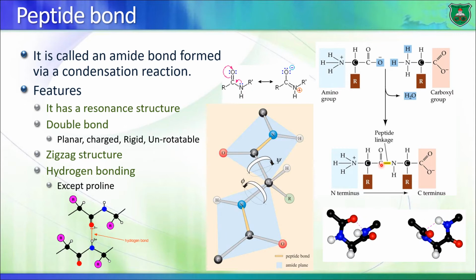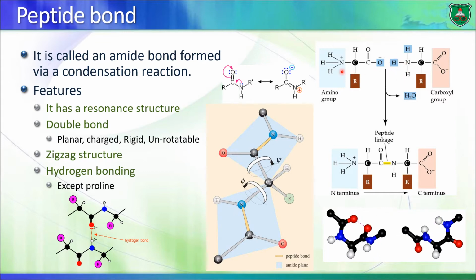Now in biochemistry, when we are talking about protein structure, polypeptides or peptides, it's referred to as a peptide bond or peptide linkage. It's formed via a condensation reaction, because you have release of water when you have the formation of this covalent bond between the carbonyl group and the amino group right here.